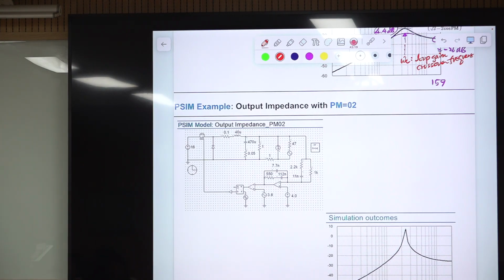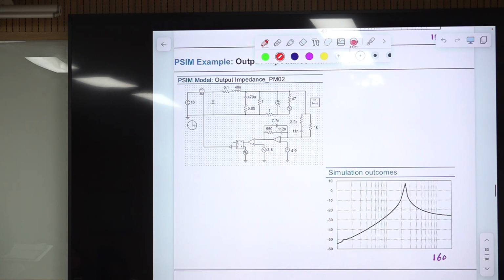Finally, I further modified this to have a very small phase margin. Then there is a huge, relatively large peak here. Again, this frequency is the loop gain crossover frequency, and the magnitude of this is 20 log of 1 divided by square root of 2 minus 2 cosine of 2 degrees.